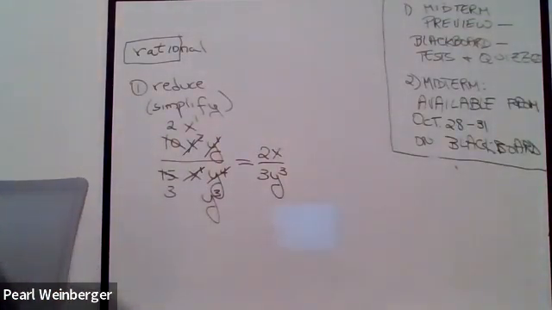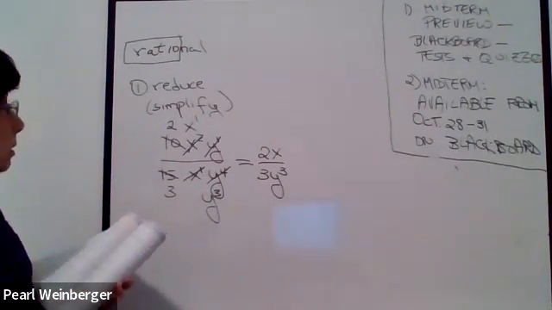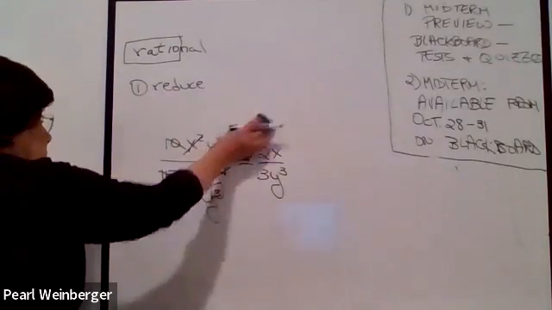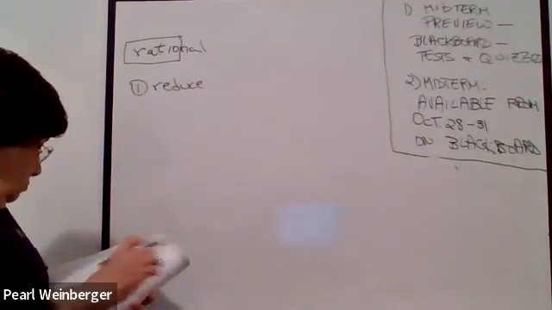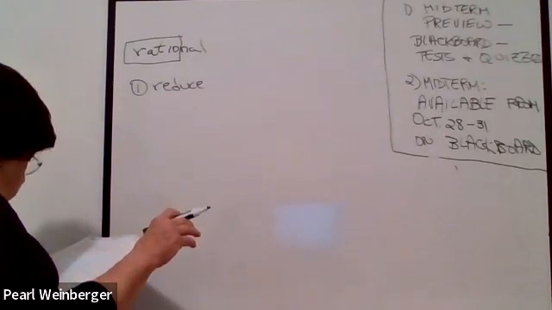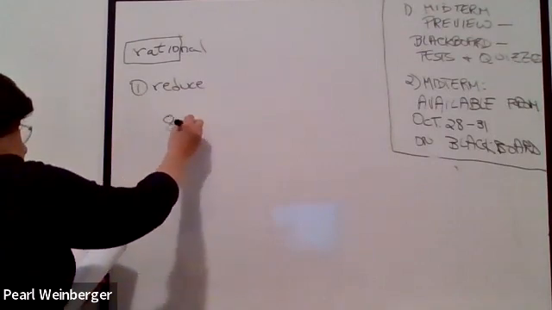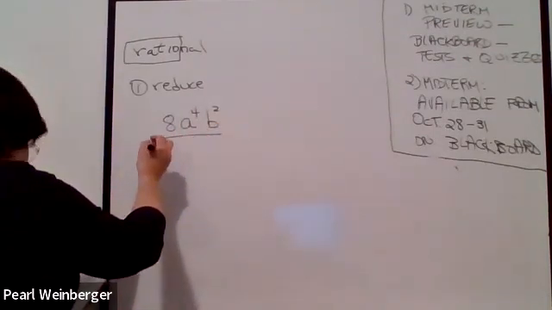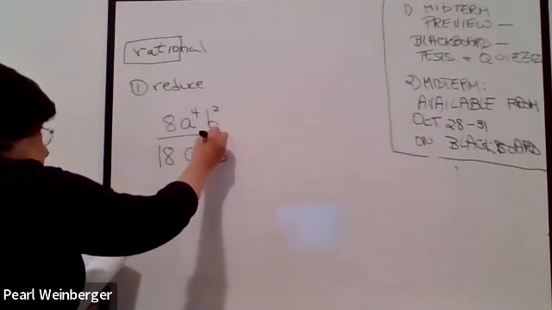I'm going to give you one to try, and then we're going to do some review. 8a to the 4th b squared over 18a squared b to the 7th.